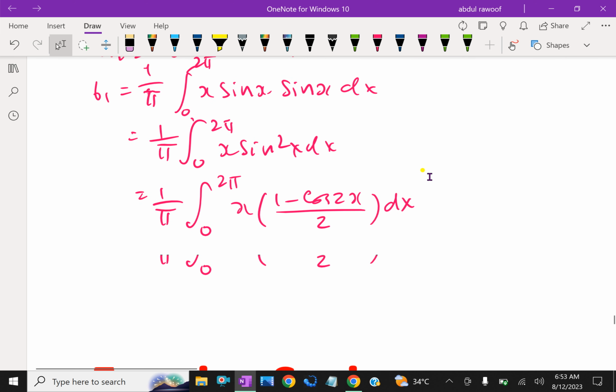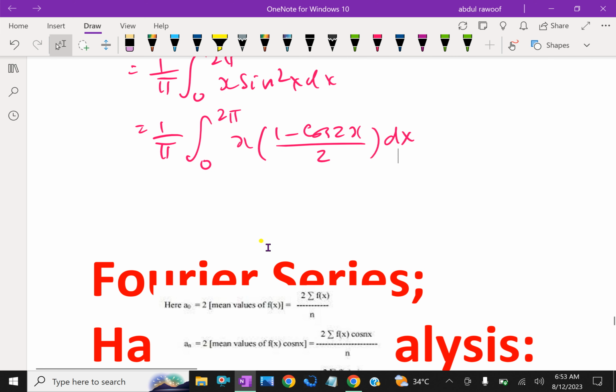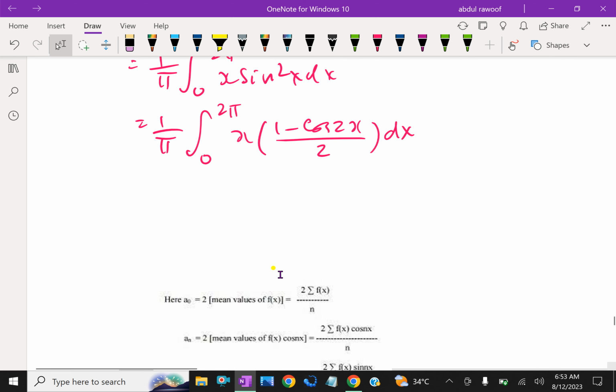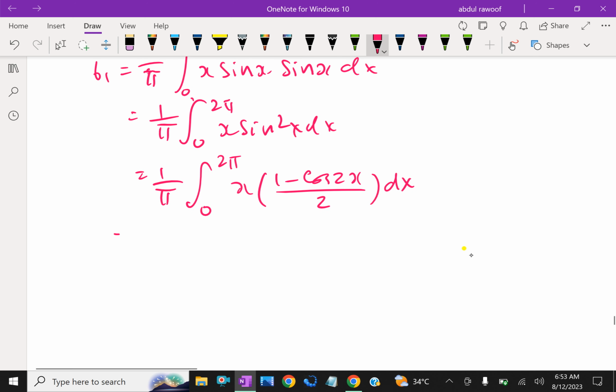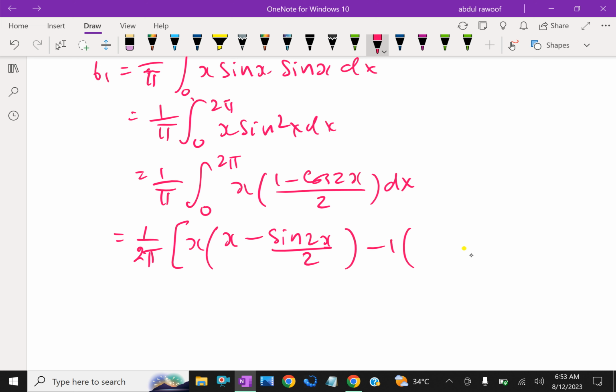Further integrating, now which is equal to, taking out 1 by 2 pi, that is integrating, we have one integration is x minus sin 2x by 2, minus 1 into x squared by 2, x integration is x by 2, plus cos 2x integration, that is minus and minus become plus cos 2x by 4.